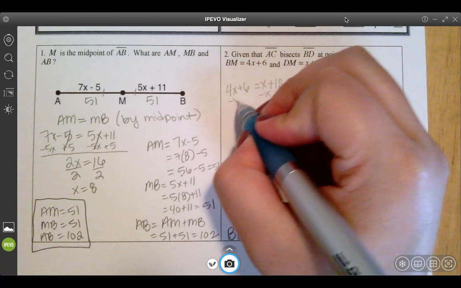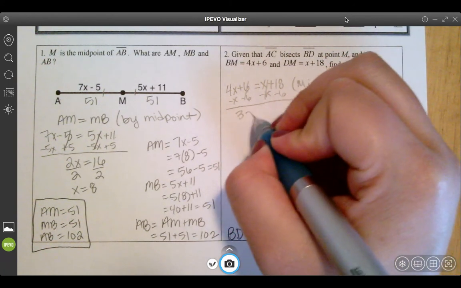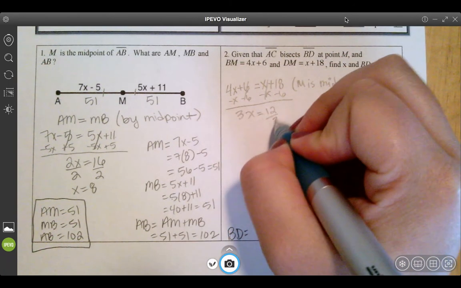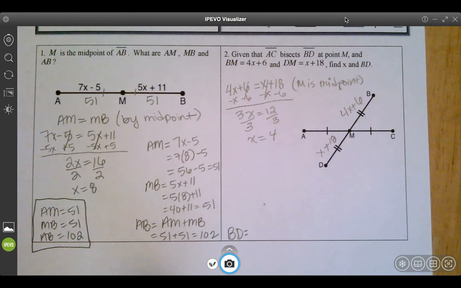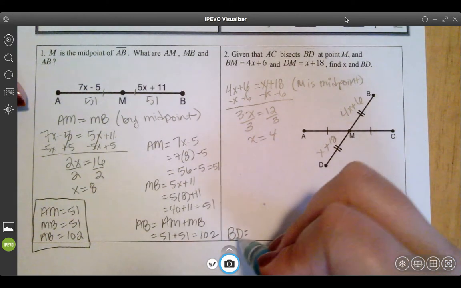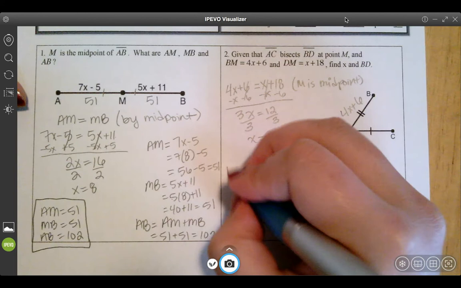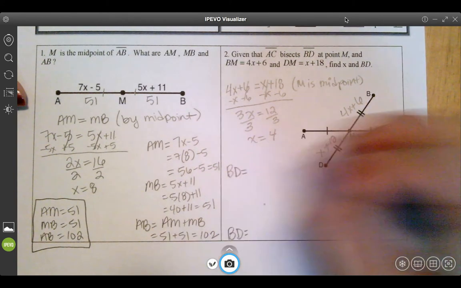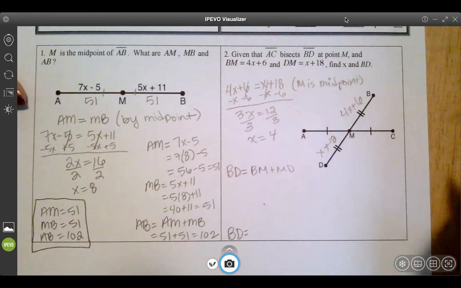Minus x, minus 6. 3x equals 12. Divide by 3. x equals 4. We're not looking for x, so we need to then substitute this in for BD. Well, BD is the sum. BD equals BM plus MD.